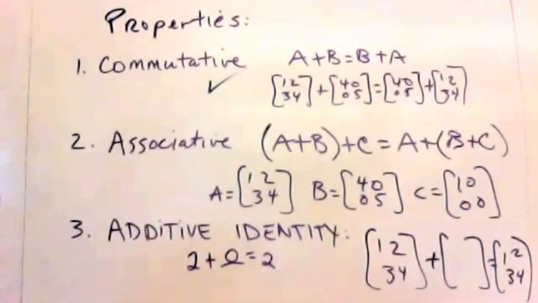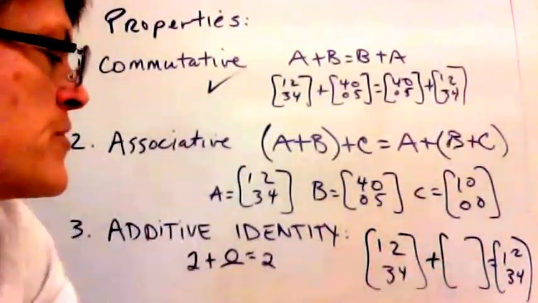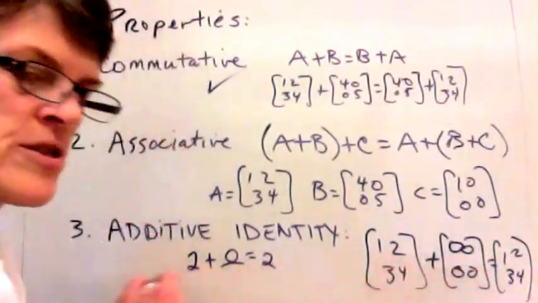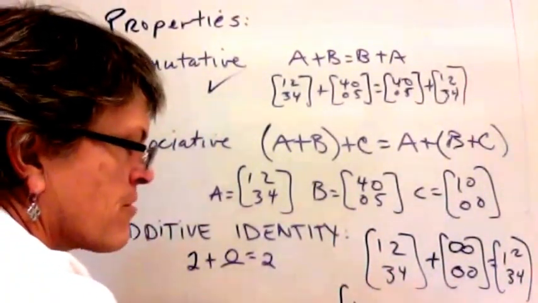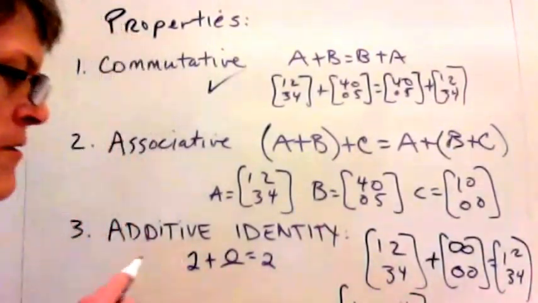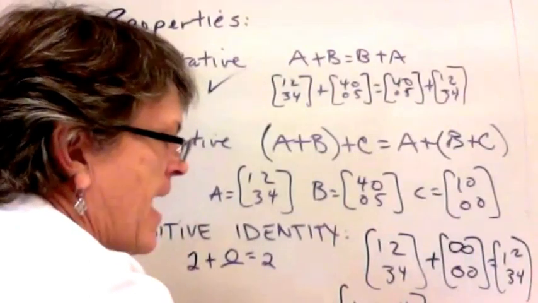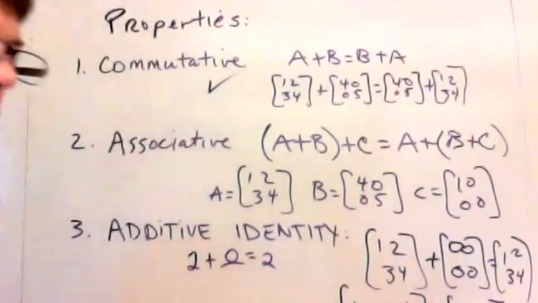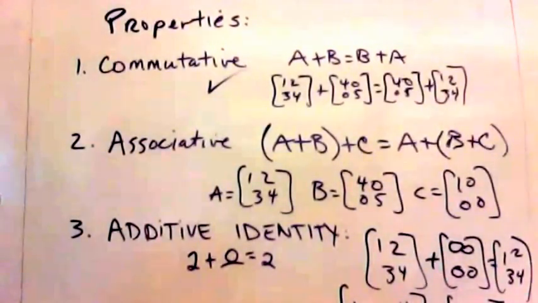What do you think? Well, obviously each element you would add a 0, and the only tricky thing is that it must be the same size as the matrix that you're adding to. So if I had a matrix 1, 3, 4, which is a 1 by 3 matrix, the additive identity would have to be 3 zeros, 1 row and 3 columns, so that it's identically the same size.